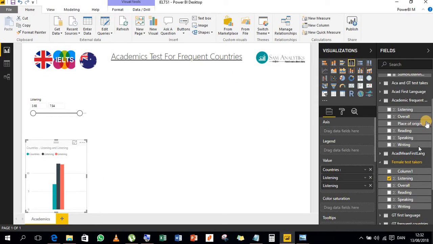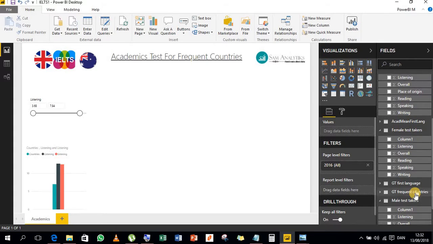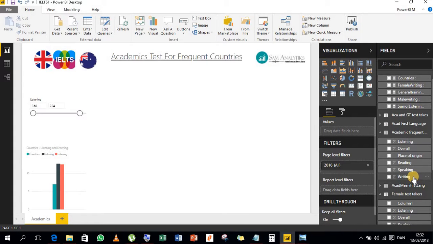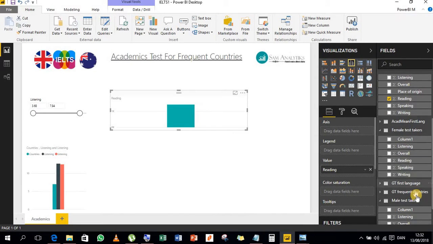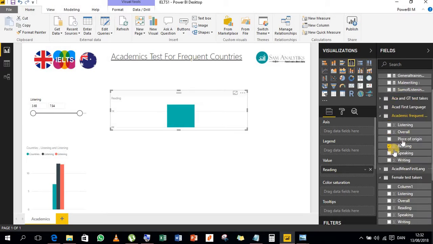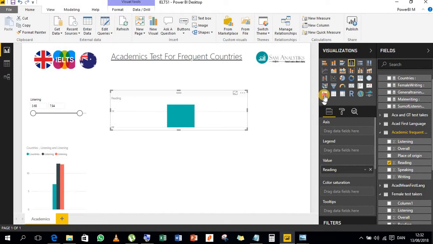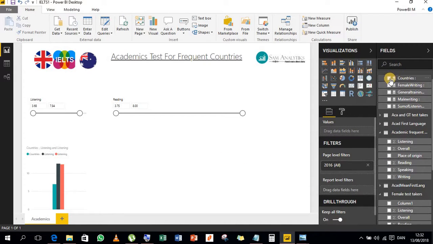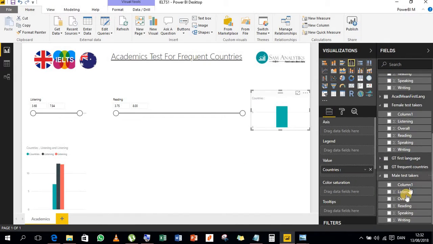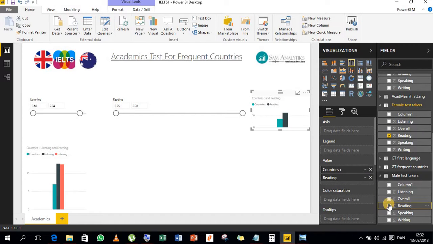In the second one, I have taken the reading for the frequent test takers as a slicer, and I have taken the countries again with the female test takers for reading and the male test takers for reading.